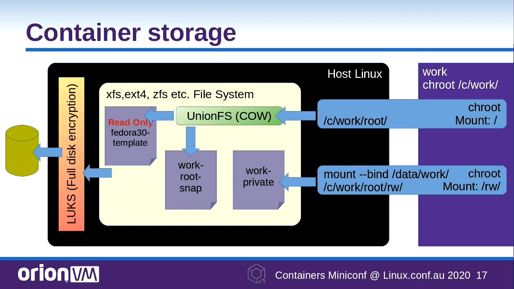The nice thing about containers is that you can layer the templates. So you can have maybe your Fedora user space, an application on top of Fedora user space, and then anything else you might want on top of that. In this case, if you want persistent storage, you'll have a folder, and you'll use mount bind for that.